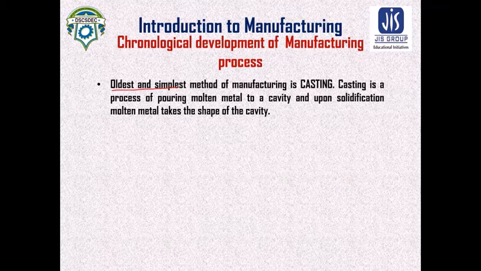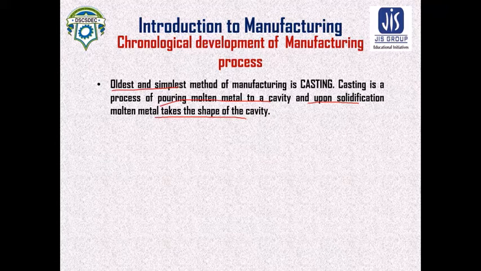Casting is a process of pouring molten material into a cavity, and when the molten material solidifies, it takes the shape of the cavity. This process is known as casting.